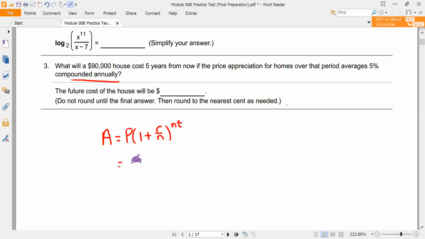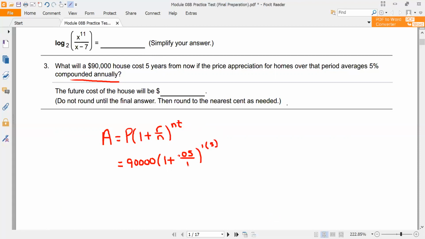So it's going to be 90,000 as our present value. Our rate is 0.05 since it's 5%. We're compounding annually. That means once a year. Also put that here because n shows up twice, and then we're doing this for 5 years.